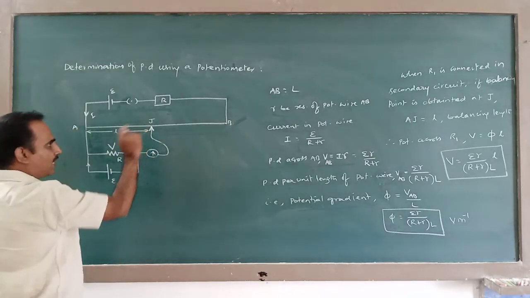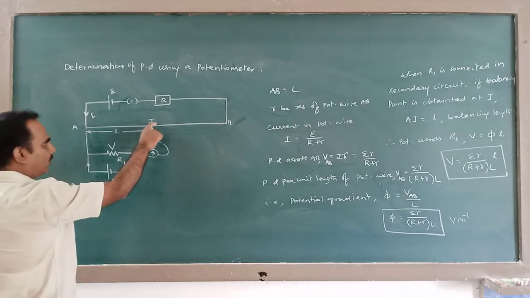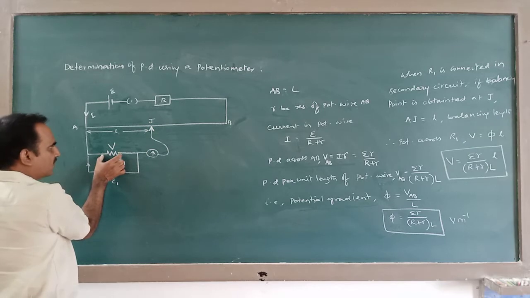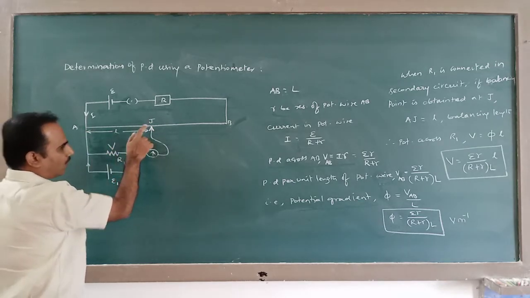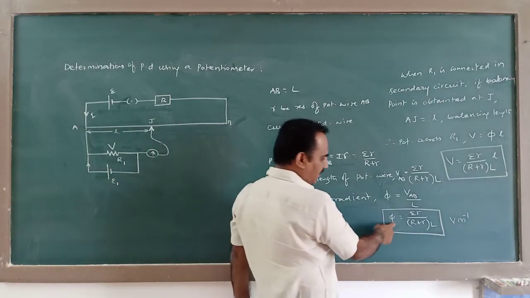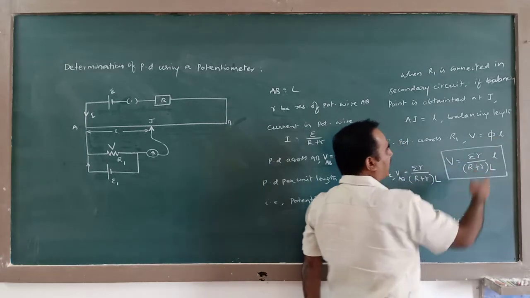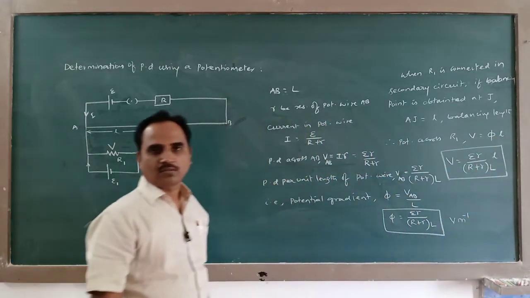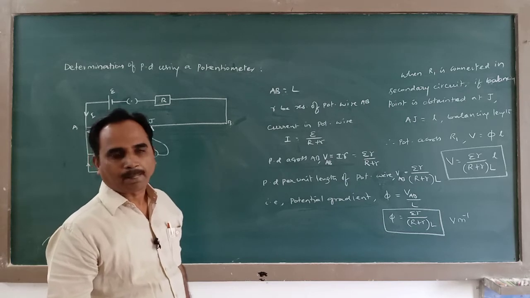That is how you get this balancing point. So at the balancing point, this potential difference is equal to potential difference across the wire AJ. Per unit length, this is the potential difference. Therefore, for length L, the potential difference will become phi into L.